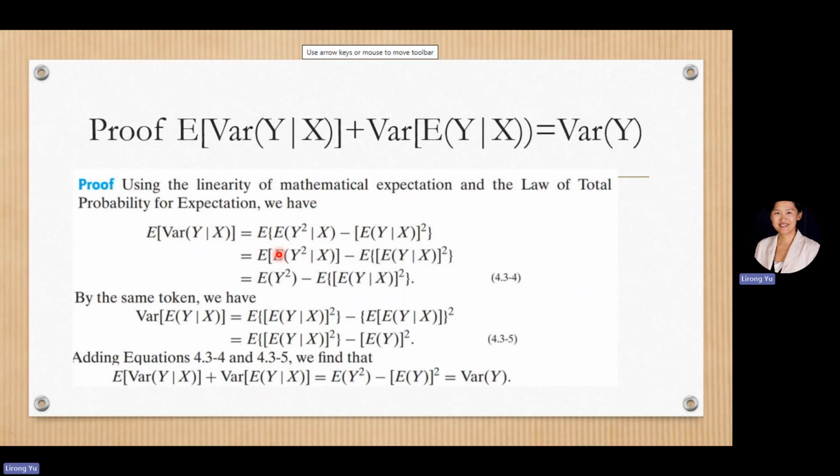Are we okay? So that equals this, and this one, you see, doesn't go away, it will stay. But the good thing is after we expand it, we realize this one is the same as that one. They cancel each other out if we add them, right? If we add this one with this one, that one and that one, the negative and positive cancel, then you have the expectation of Y squared minus the square of the expectation, which is equal to the variance of Y. So after we expand and add them together, we realize it does equal the variance of Y. Any question?